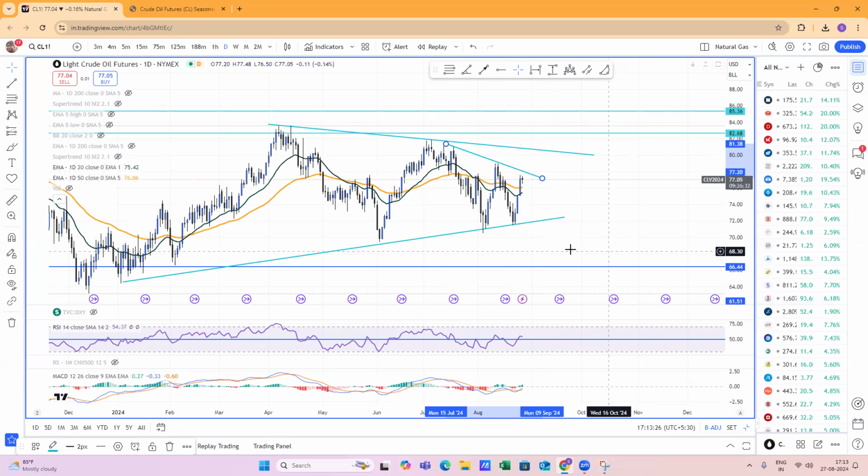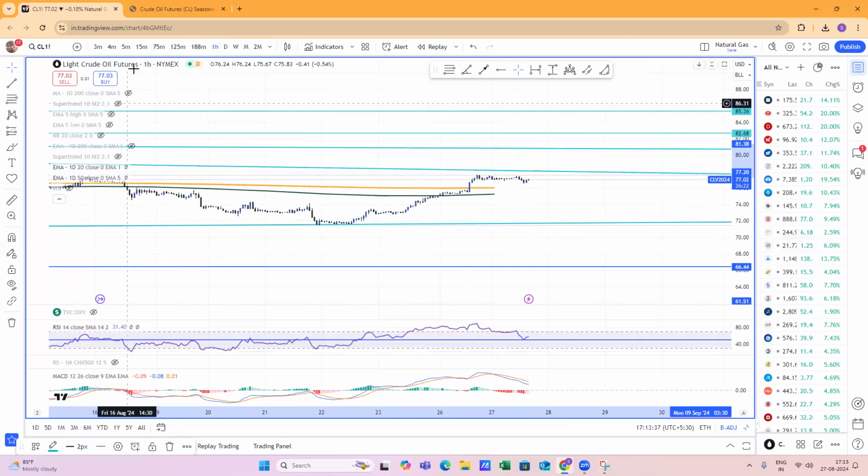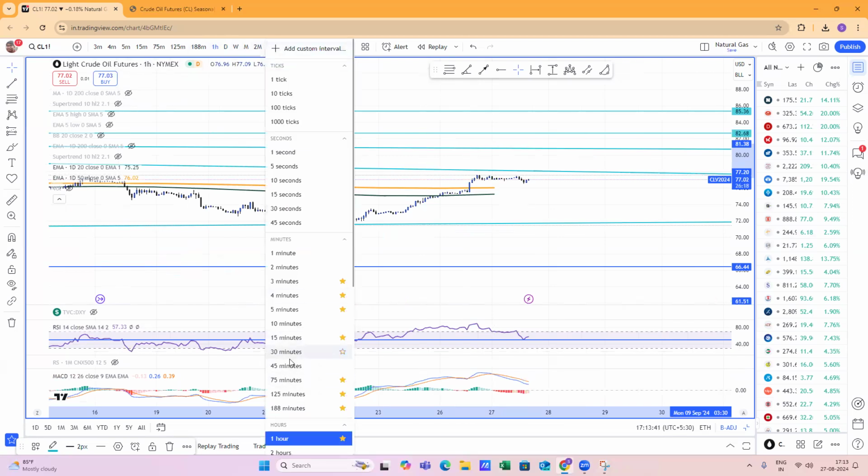So right now, because the range is so small, a trader would require to be in a small time frame, like an hourly time frame or a 4 hourly, which works very well in commodities like crude oil.